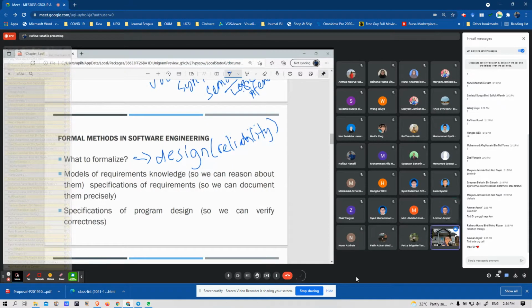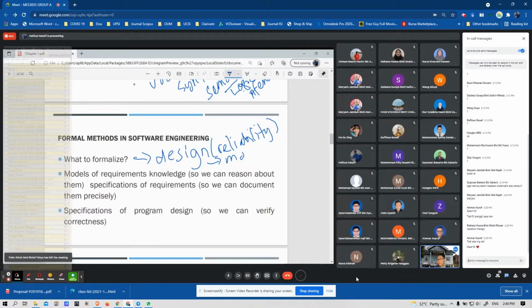Okay, and then we also conclude that for every formal method that we formalize, we need a model of the design. After that we need to model, because the model requires knowledge.